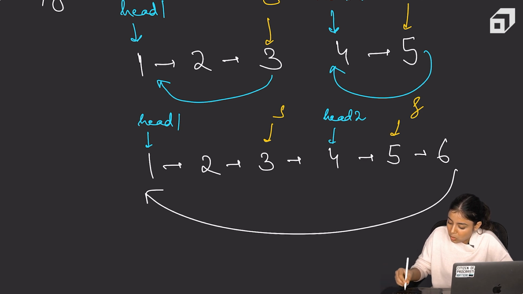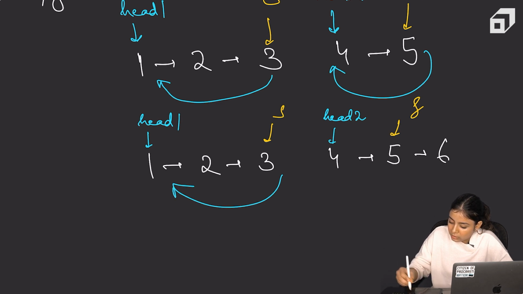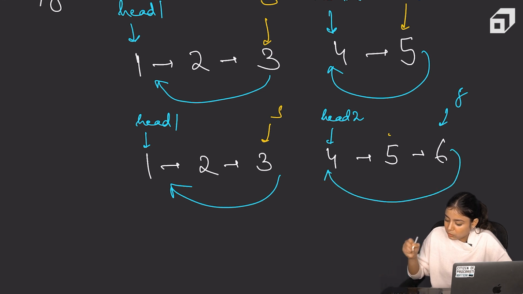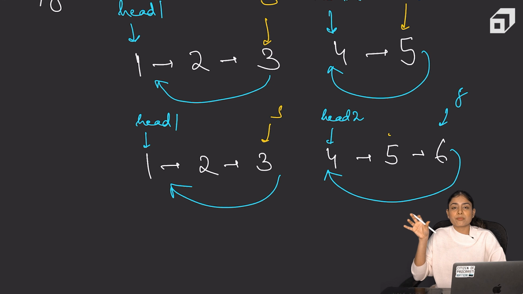We'll make the slow pointer's next point to my head 1, and for the last node of the second list, we'll first of all move my fast pointer to the last node, and then I'll say, okay, now make the fast pointer's next point to my head 2. So again, I have my 2 halves of the list here, right?